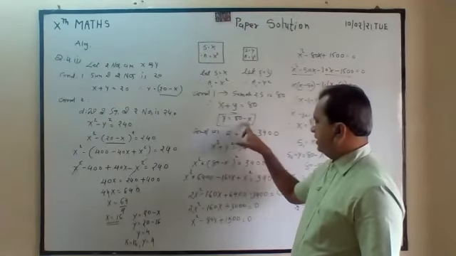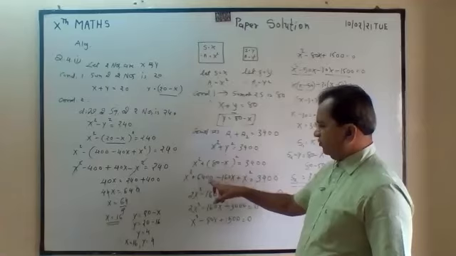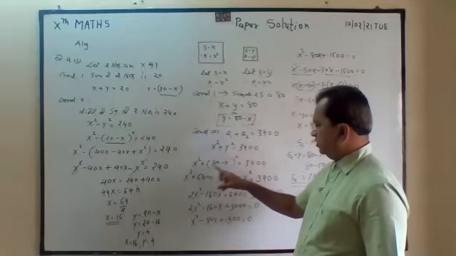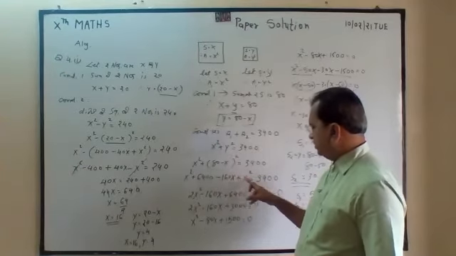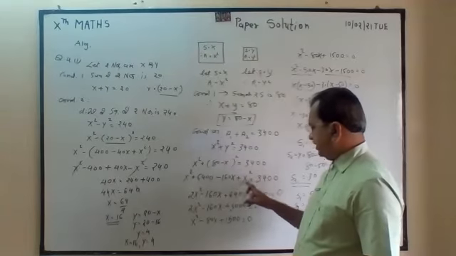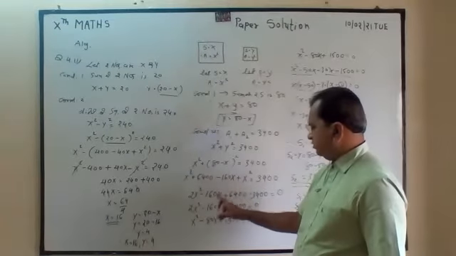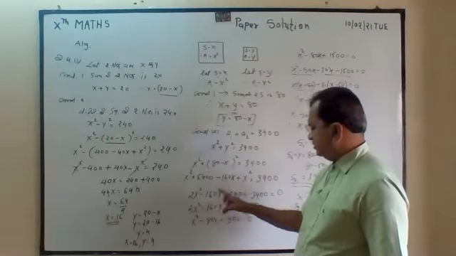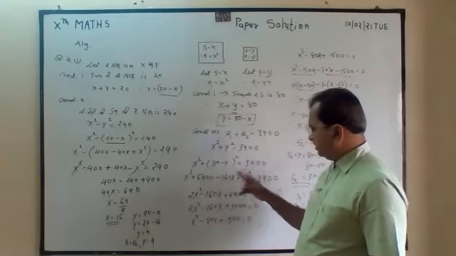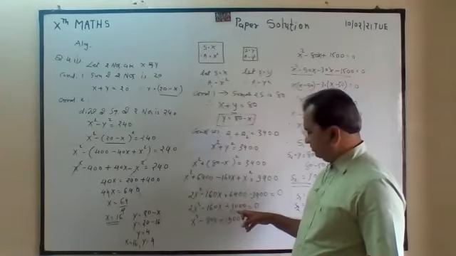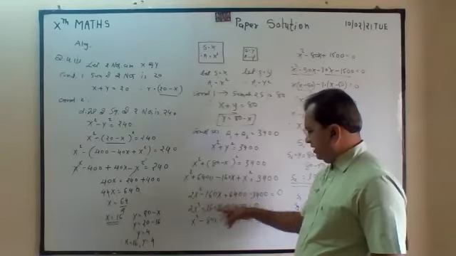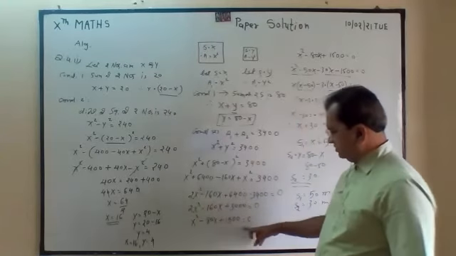Now y is equal to 80 minus x. Square of first number, 2 into a into b, square of last number, then x square plus x square is 2x square, minus 160x, 6400 minus 3400 is equal to 3000. So divide by 2, you will get this.